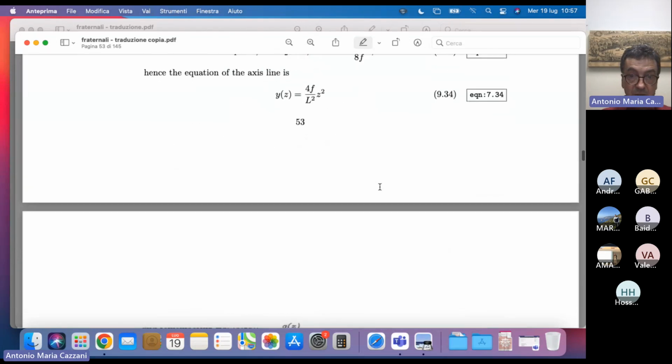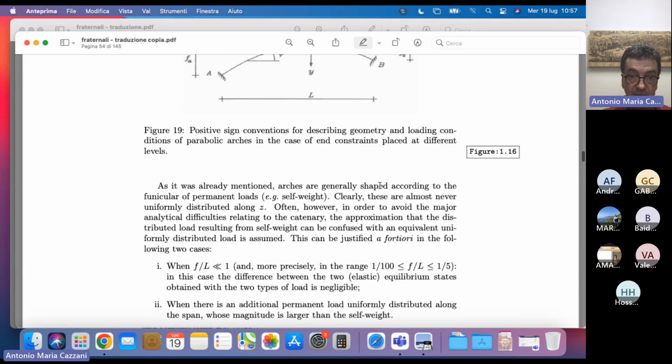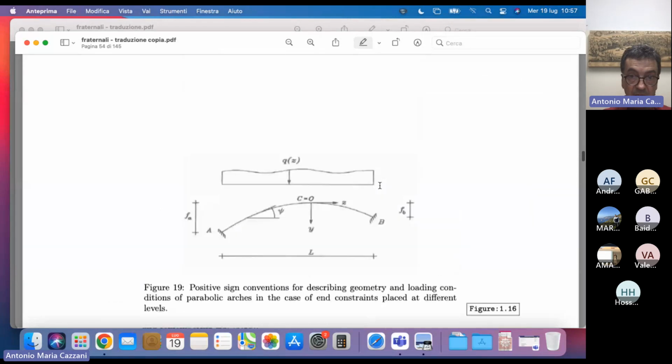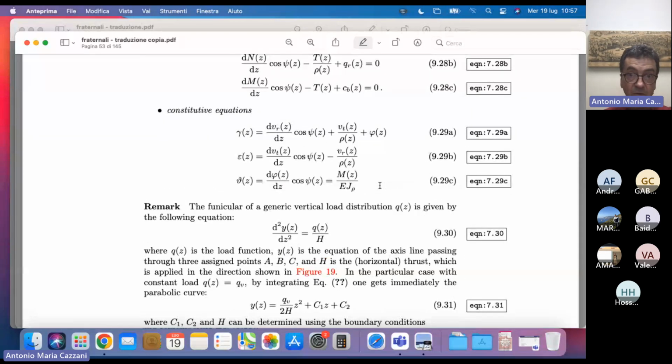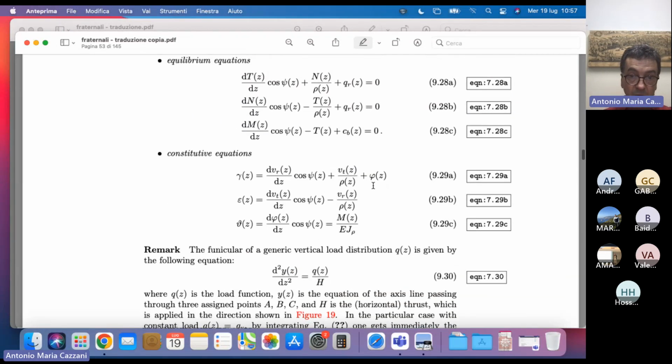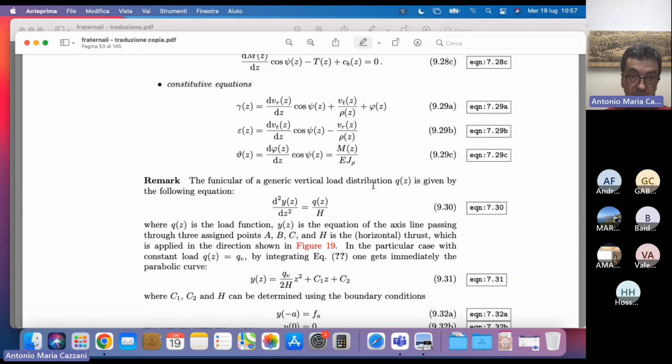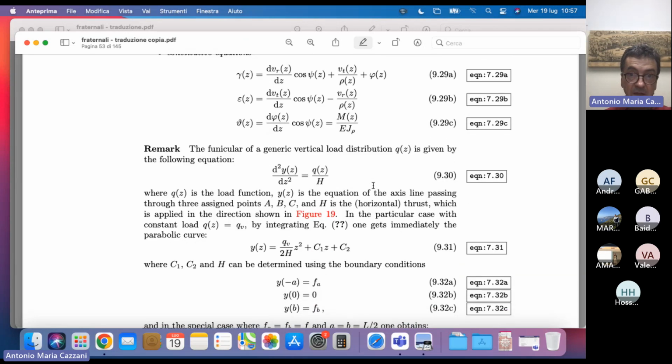So with this system, we can arrive at formulating the equation for the behavior of a parabolic arch. Parabolic arches are important because generally they can be shaped in order to be the funicular of a generic vertical load distribution. It is possible to show that the funicular of load distribution Q has to satisfy this equation.